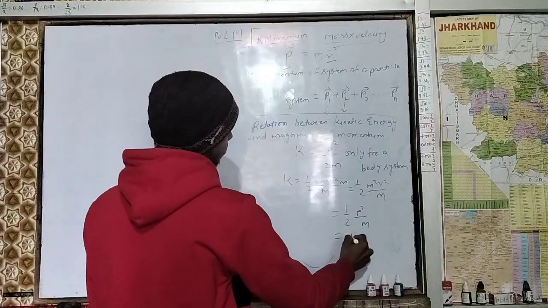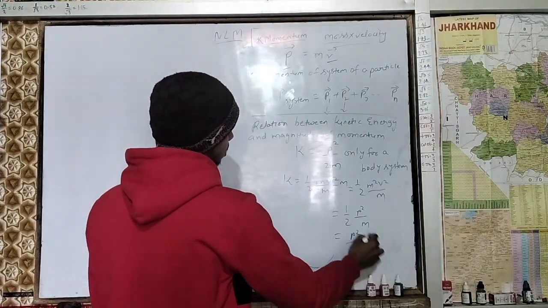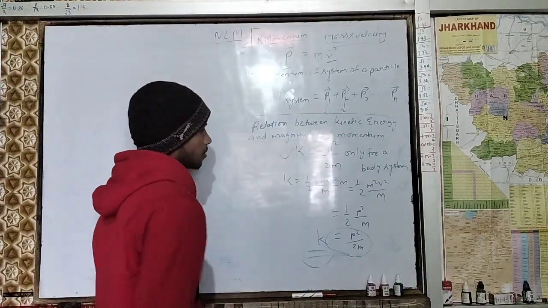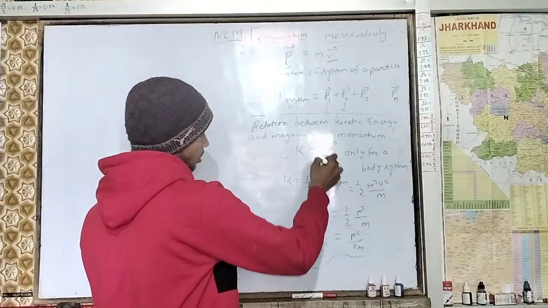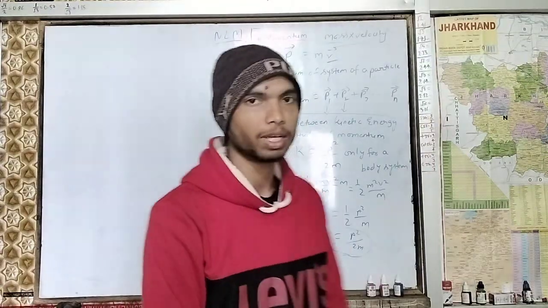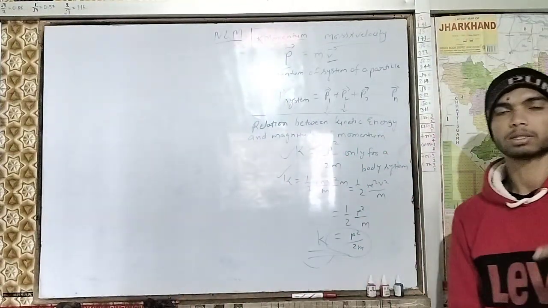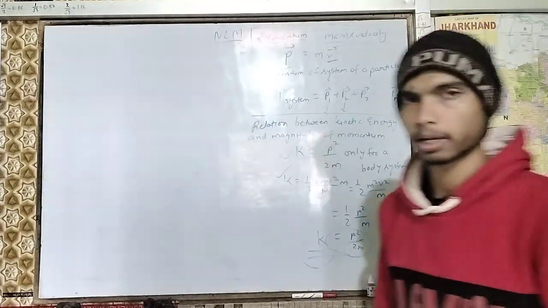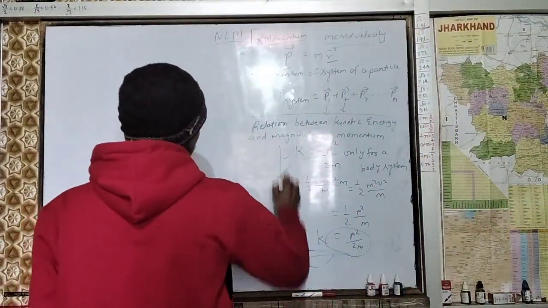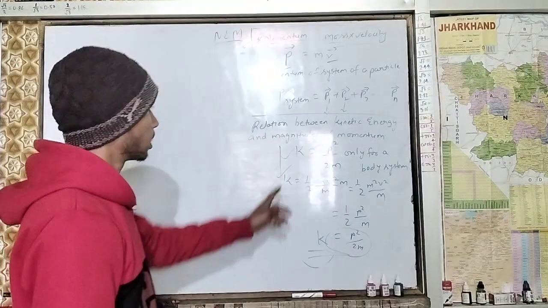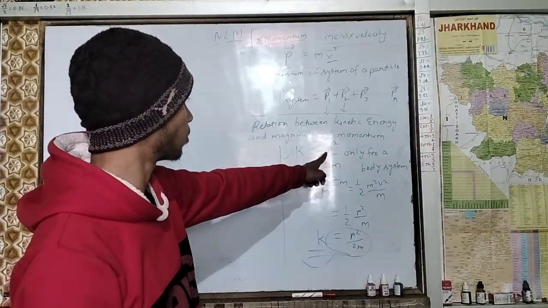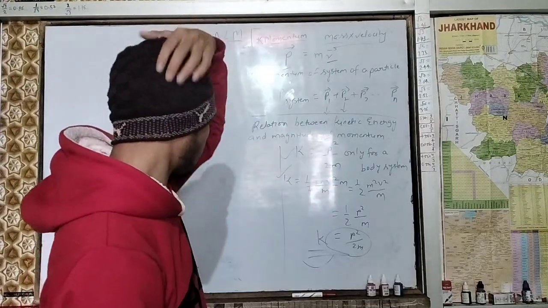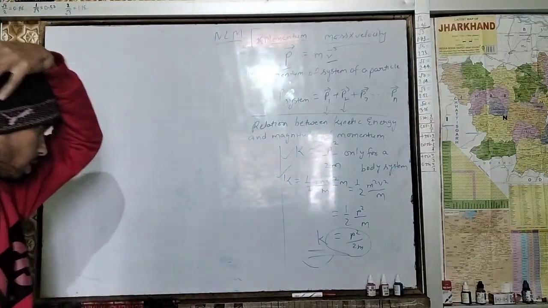The same thing here, p square upon 2m. K is equal to p square upon 2m. That is how this equation came. We brought this equation from basic kinetic energy, which is known as 1 by 2 mv square. So remember this is the relation between them. Kinetic energy is directly proportional to p square, and inversely proportional to m, where m is mass.